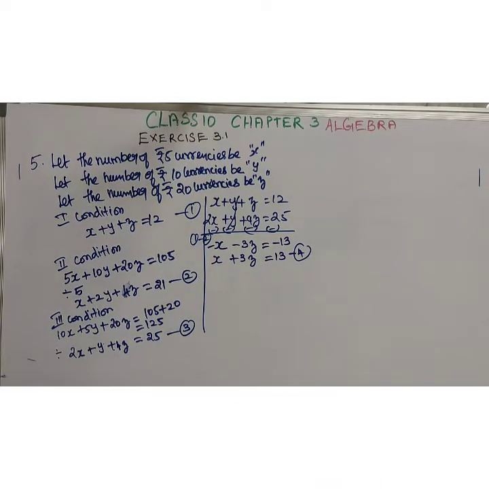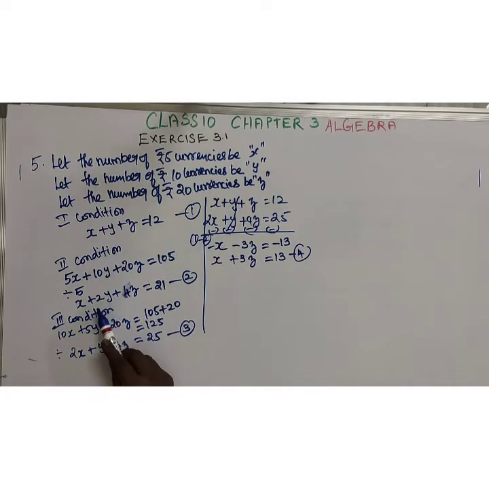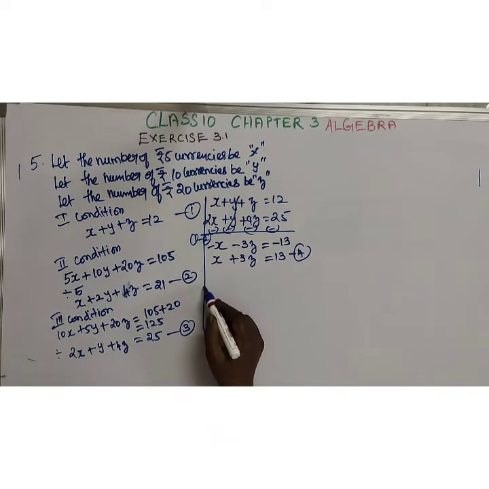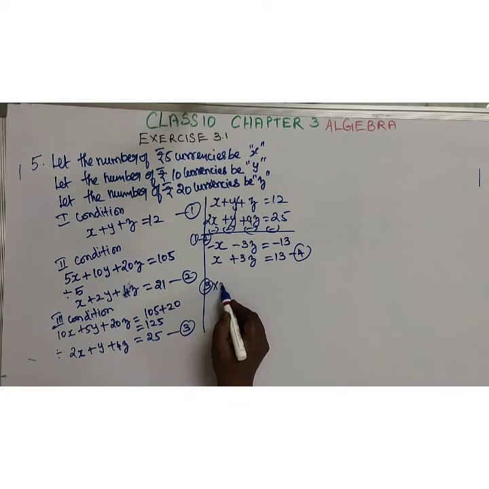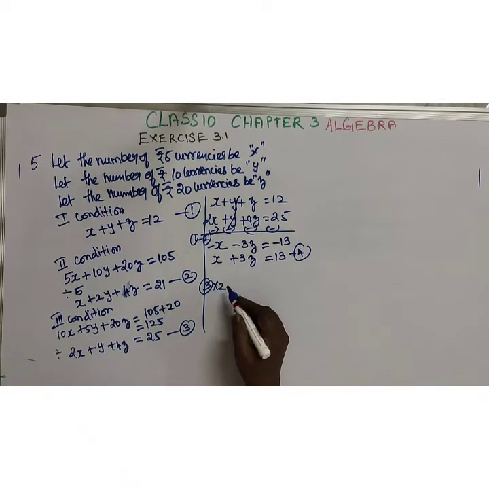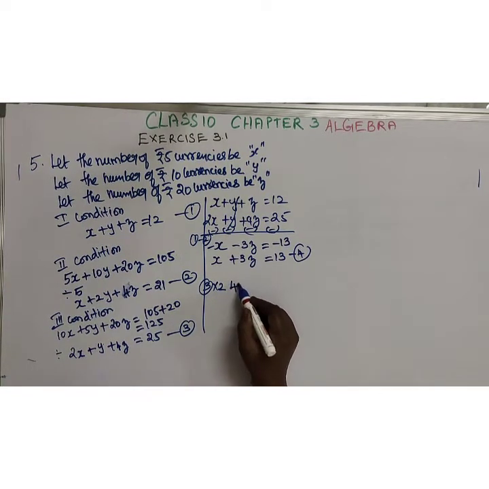Now from second equation and third equation, we have to eliminate Y. Here the coefficient of Y is 2, here 1. So multiply the third equation by 2. Each and every term must be multiplied by 2.